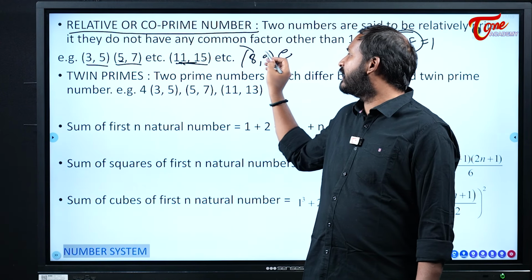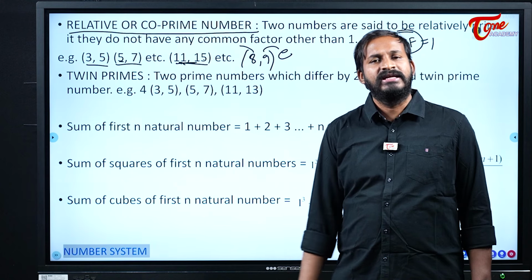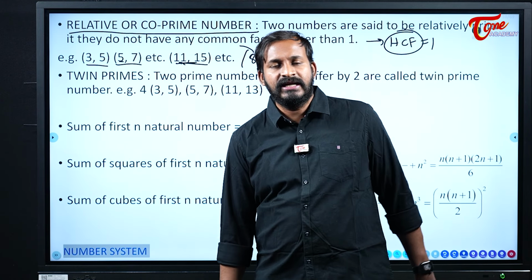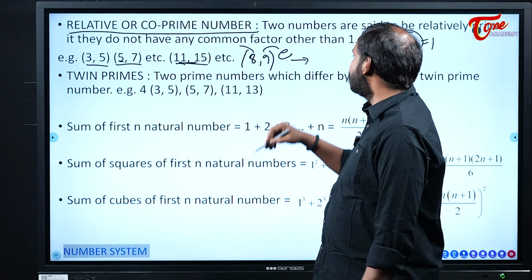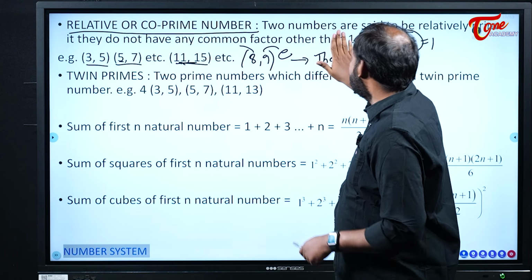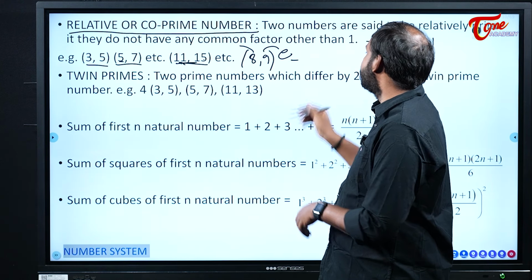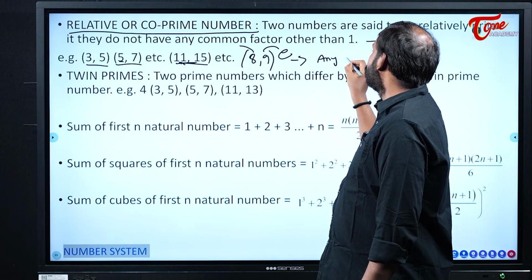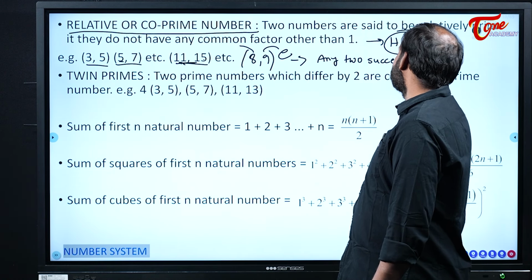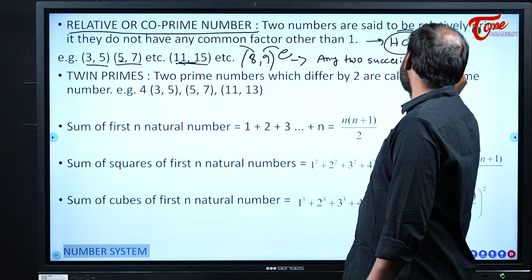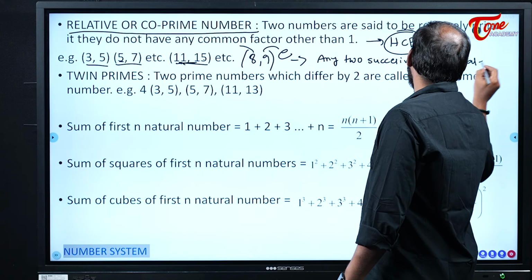Even though both 8 and 9 are composite numbers, their HCF is 1. So, I can say that 8 and 9 are coprime to each other. And remember one simple thing here: in the number system, any two successive numbers are coprimes.